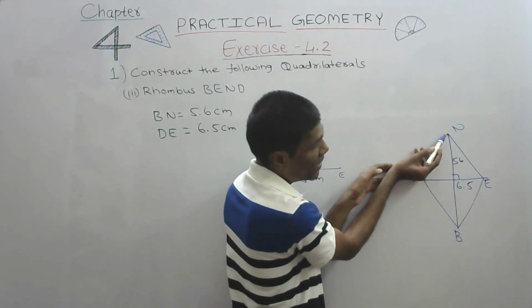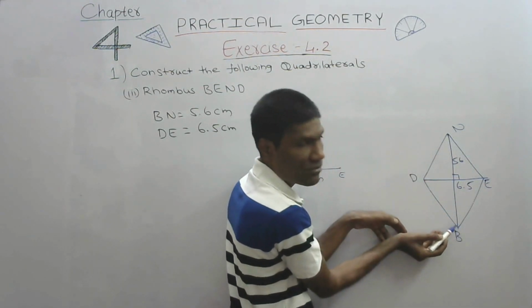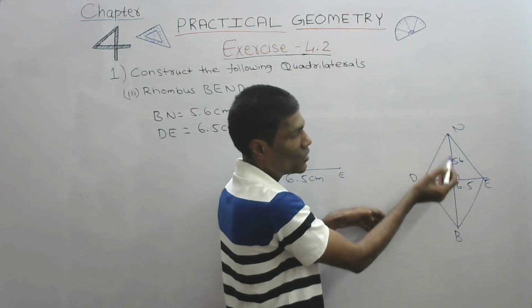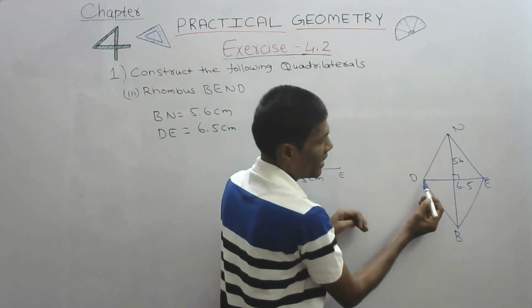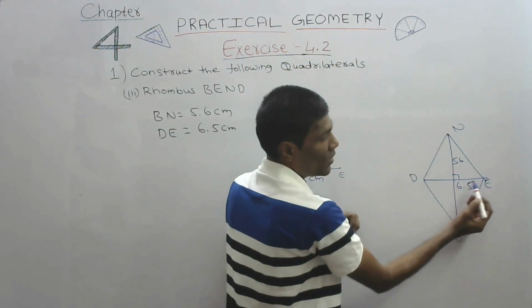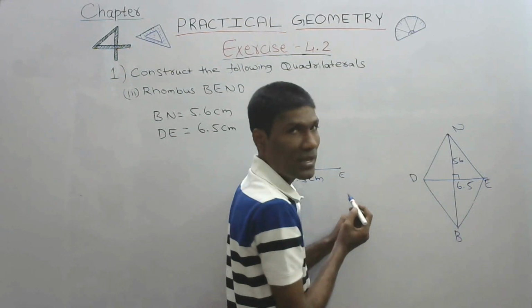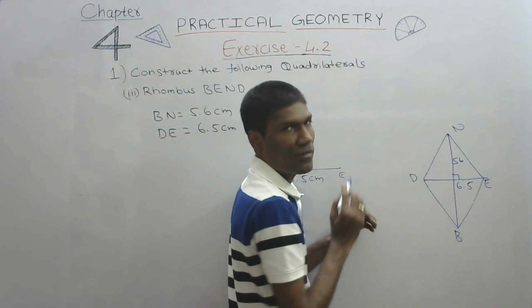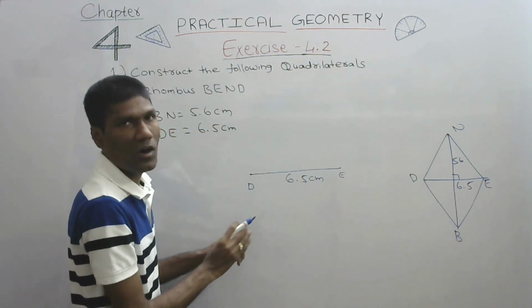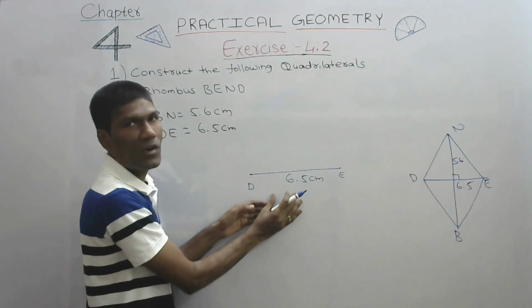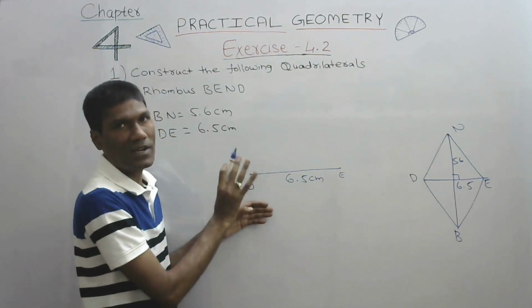So that means this length and this length will be same. That is, this is 2.8, this is 2.8. Similarly, this is 6.5. So these two sides will be exactly equal. Now, using that property, we will draw this quadrilateral.